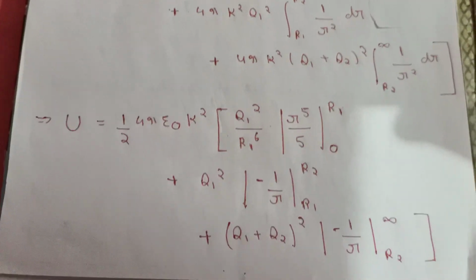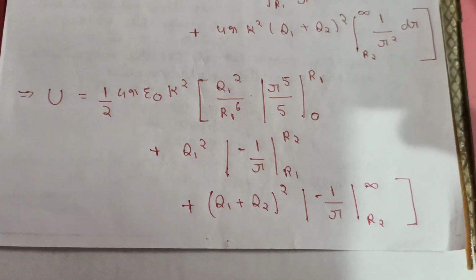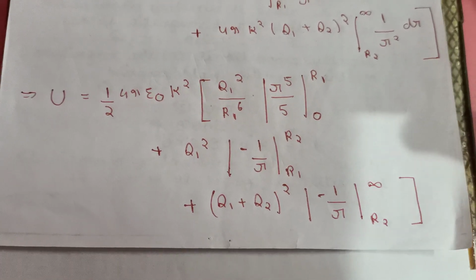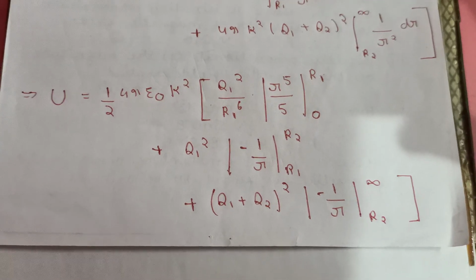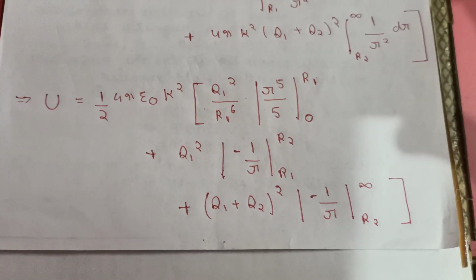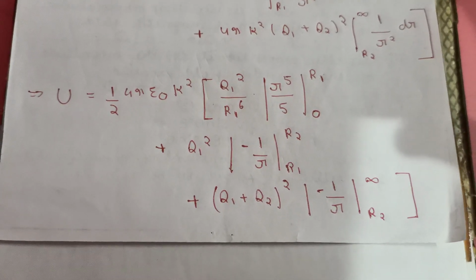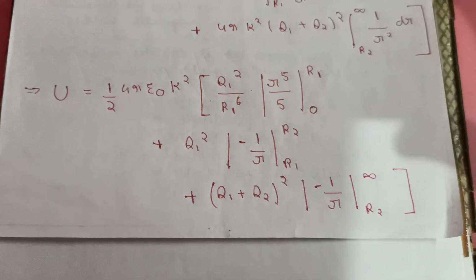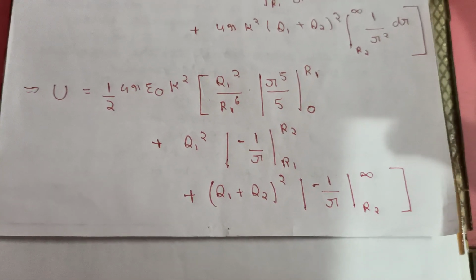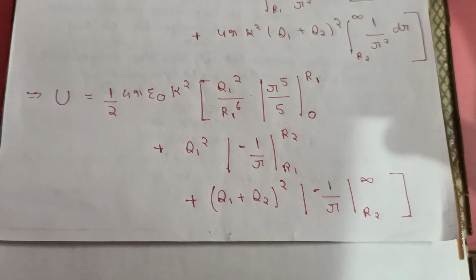In the next step we will do the integration, and the equation will become 1 upon 2 4 pi epsilon naught k square bracket q1 square upon r1 to the power 6 r5 upon 5 limit 0 to r1 plus q1 square minus 1 upon r limit r1 to r2 plus q1 plus q2 whole square minus 1 upon r limit r2 to infinity.